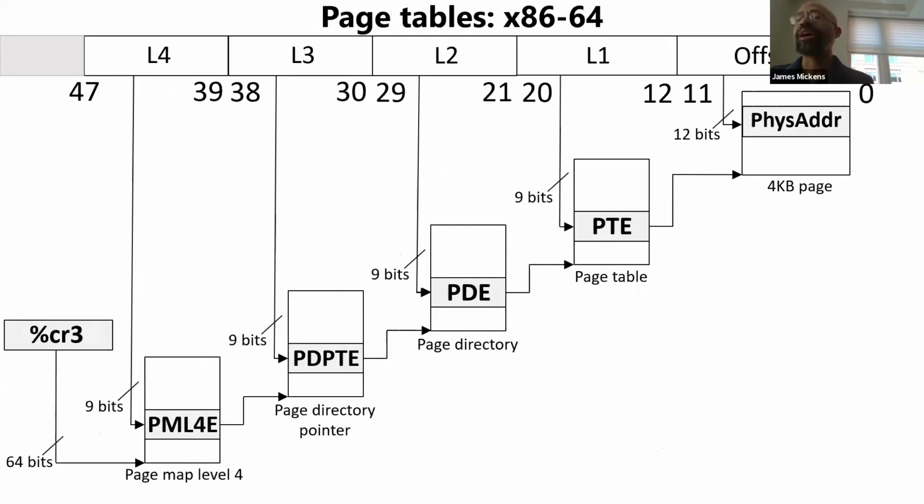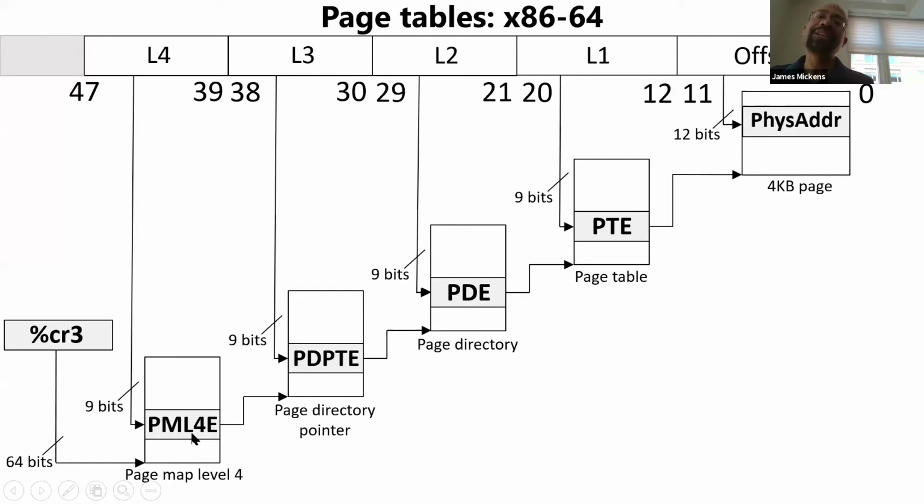The page table is basically a tree-like structure. CR3 points to this top-level page table structure. We then use some bits from the virtual address to select a particular entry in this high-level page table. This is a page map level 4 in Intel parlance.